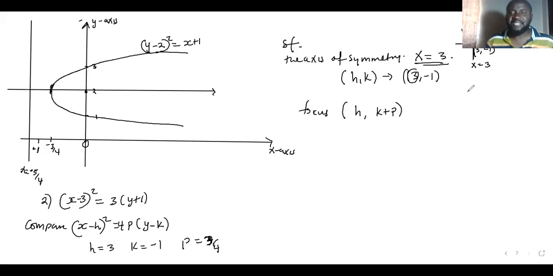The other time we were seeing -a plus h and k for the horizontal parabola. That is why you need to have all these definitions at hand. So the focus becomes, what is our h? Our h is 3. Then we have -1 plus p, which is 3 over 4. When you simplify, the focus becomes 3, -1/4.